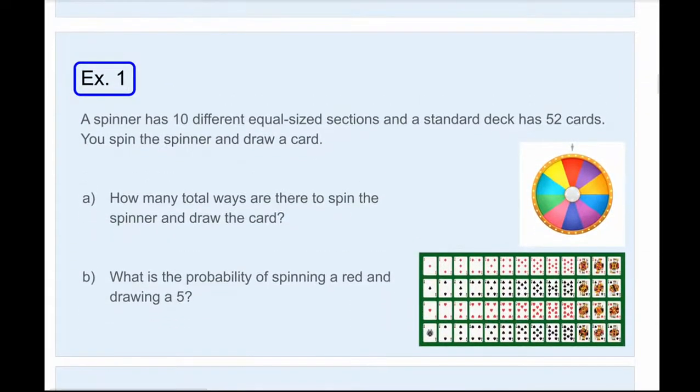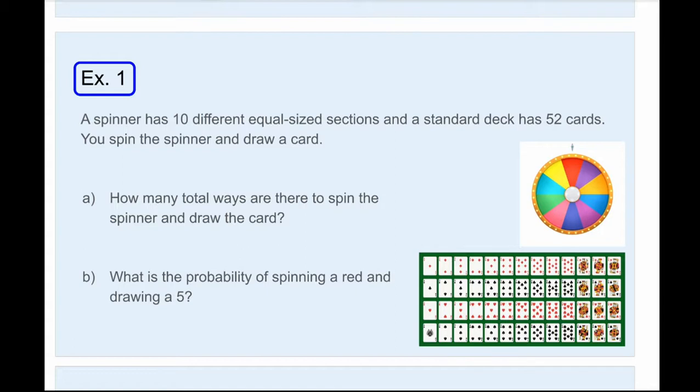So moving into some examples. Example 1: a spinner has 10 different equal size sections and a standard deck has 52 cards. You spin the spinner and draw a card. A is asking how many total ways are there to spin the spinner and draw a card.